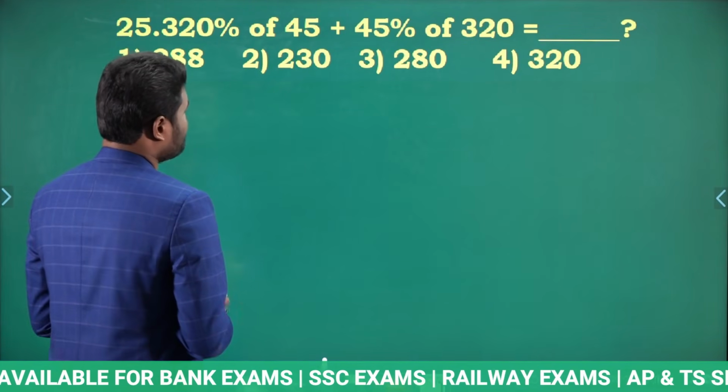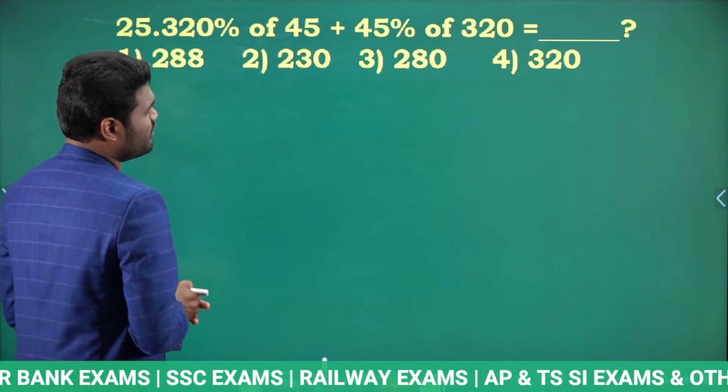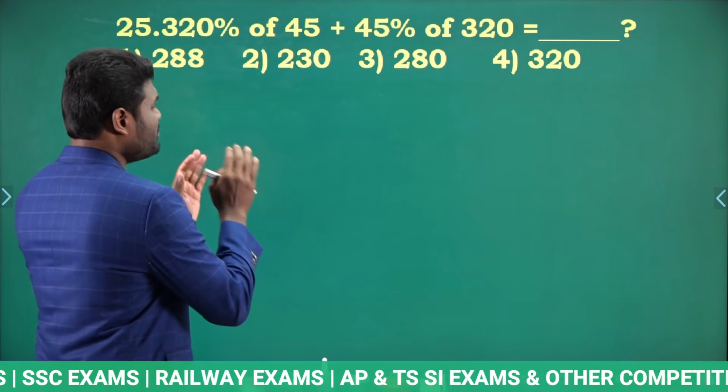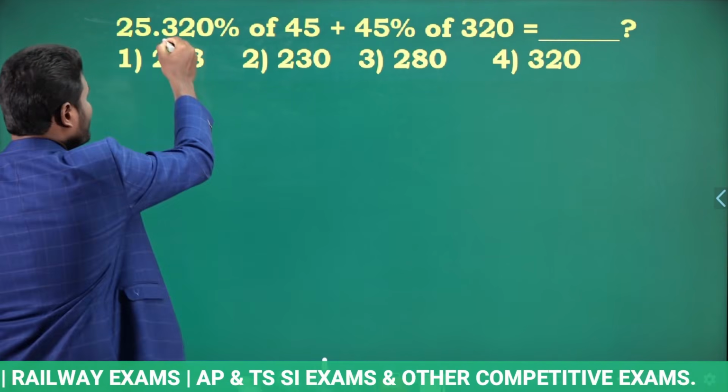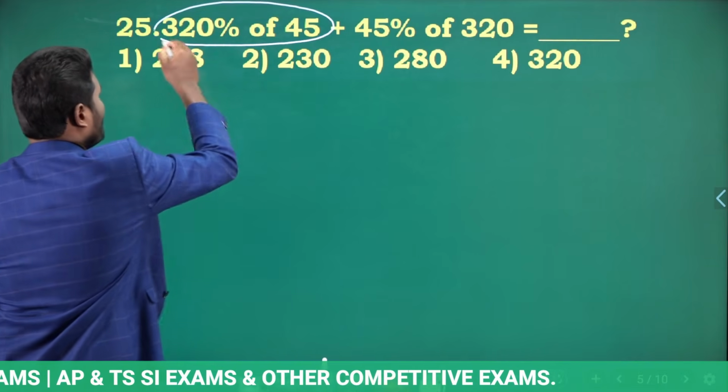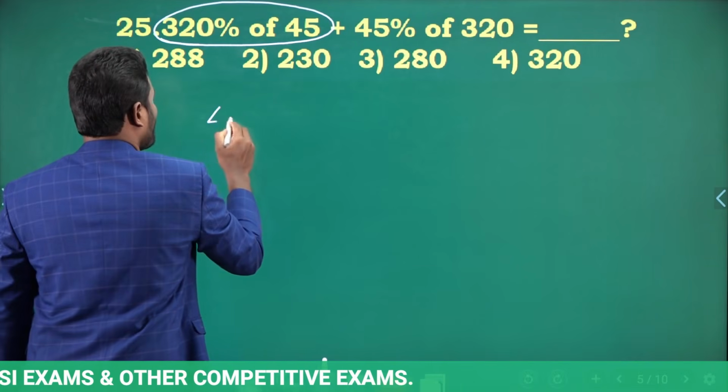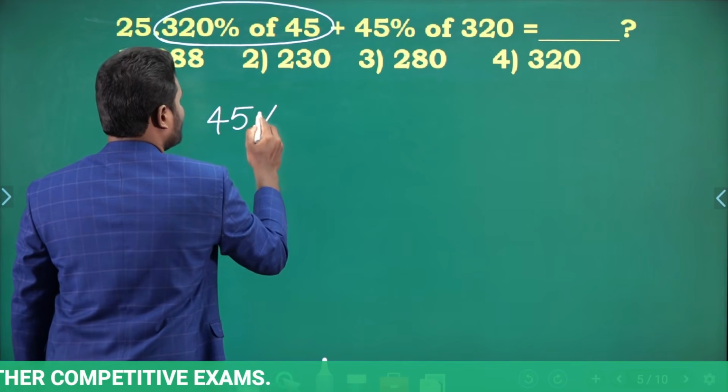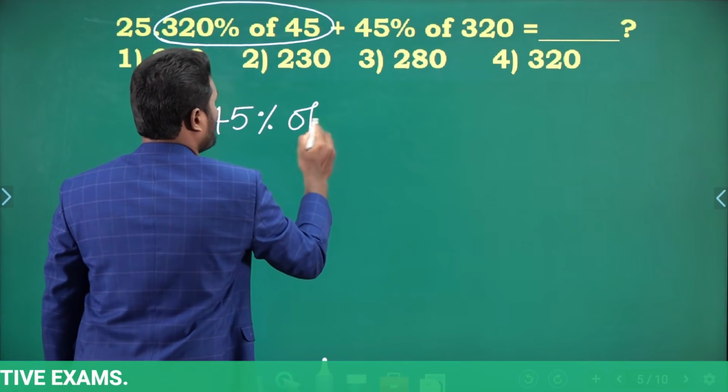320% of 45 plus 45% of 320 is how much? Now even this is a very simple question. Look here, can I write 320% of 45 as 45% of 320? Why?